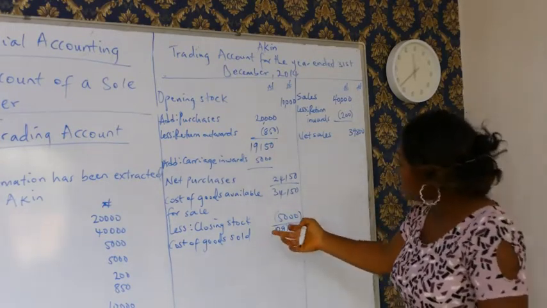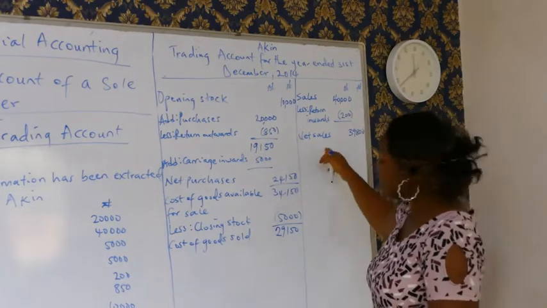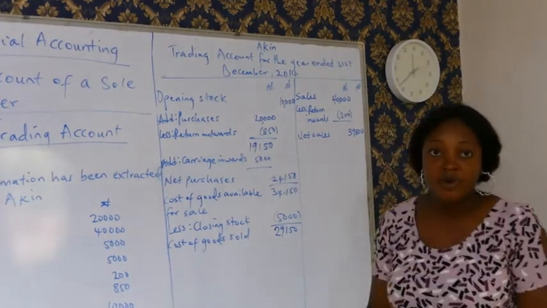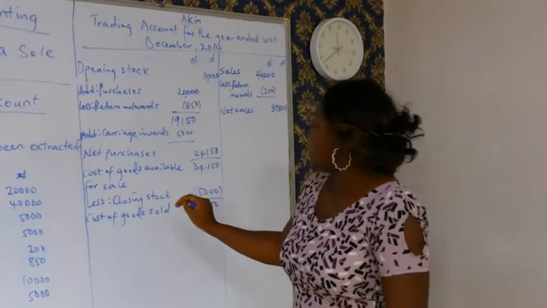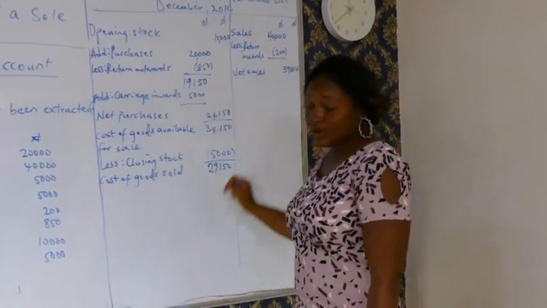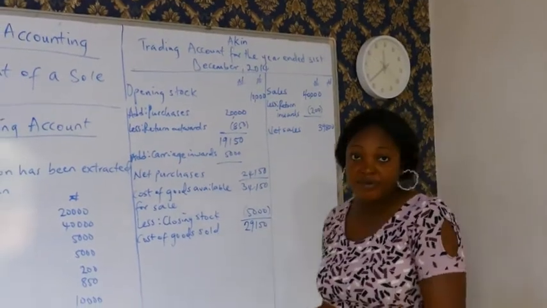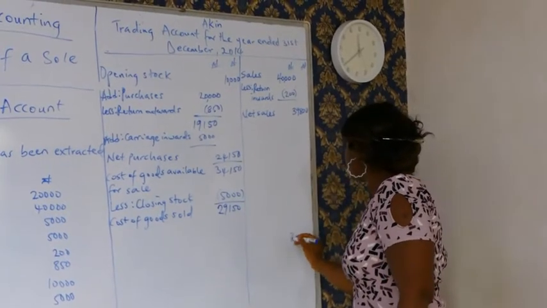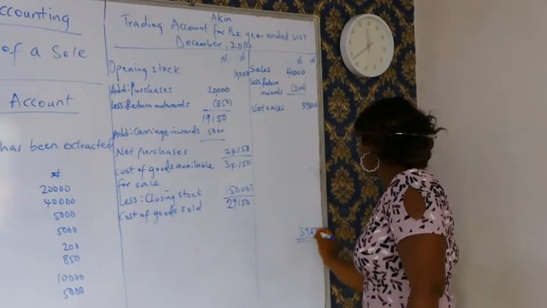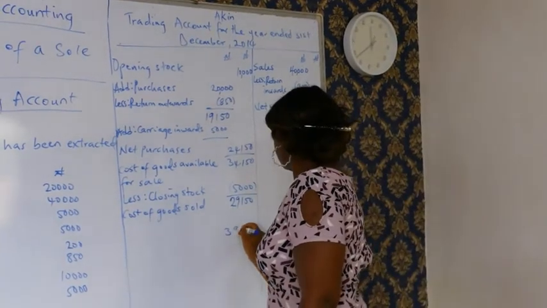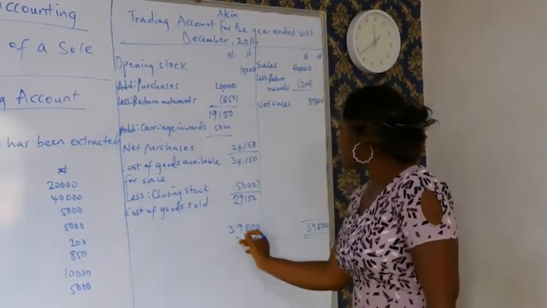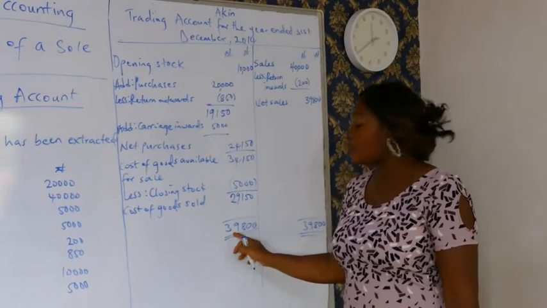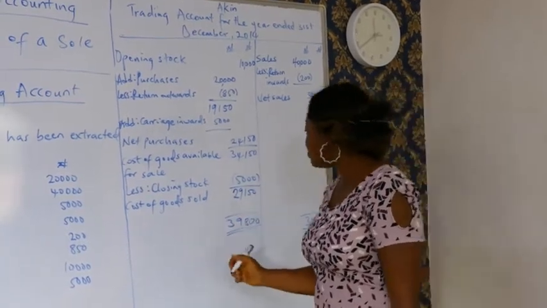Now, you look at the difference between the cost of goods sold and the net sales. If the net sales is higher than the cost of goods sold, it means we have gross profit. If the cost of goods sold is greater than the net sales, we have gross loss. But in this case, we have gross profit. We close the account using the figure for the net sales. Now, to get our gross profit, we deduct the cost of goods sold from the net sales.